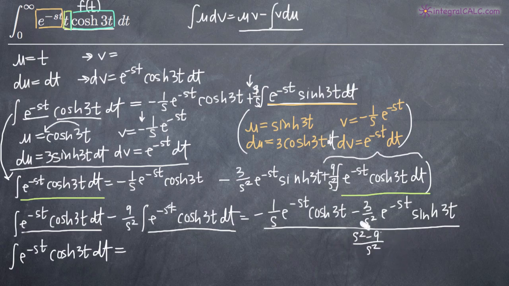Now we can multiply by the inverse, right? So we can bring this up into the numerator by multiplying by the inverse.